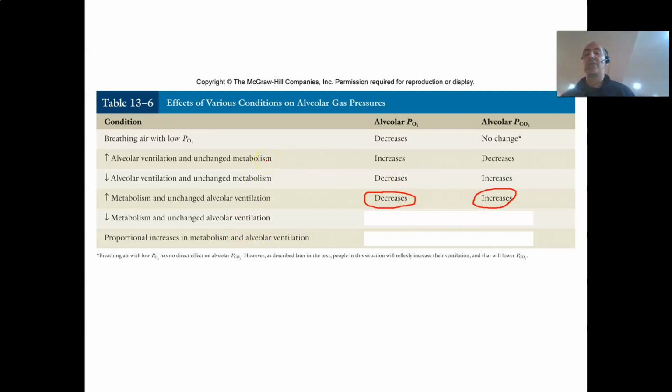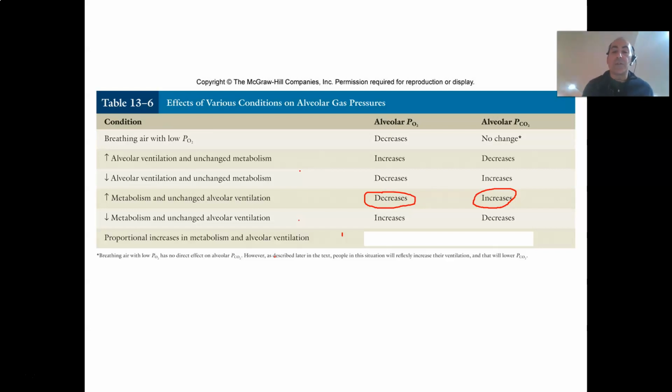Now we have a decrease in metabolism and unchanged alveolar ventilation. Take a moment, think about it. What happens? If you guess that there's an increase in alveolar PO2 and a decrease in CO2, you'd be correct.